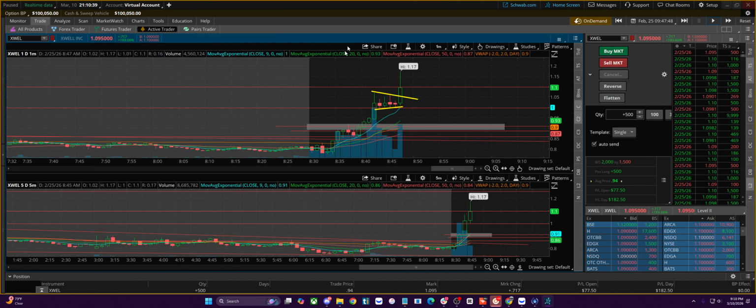What cannot happen right now? No rejection. Can't flip back. There you go. It cannot flip back beneath the previous candle's high. If it does, the breakout fails, and it's done. That is a massive reversal indication.